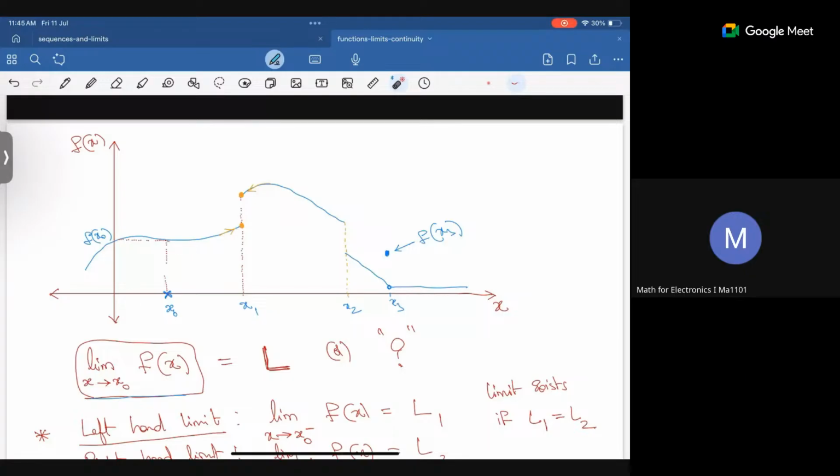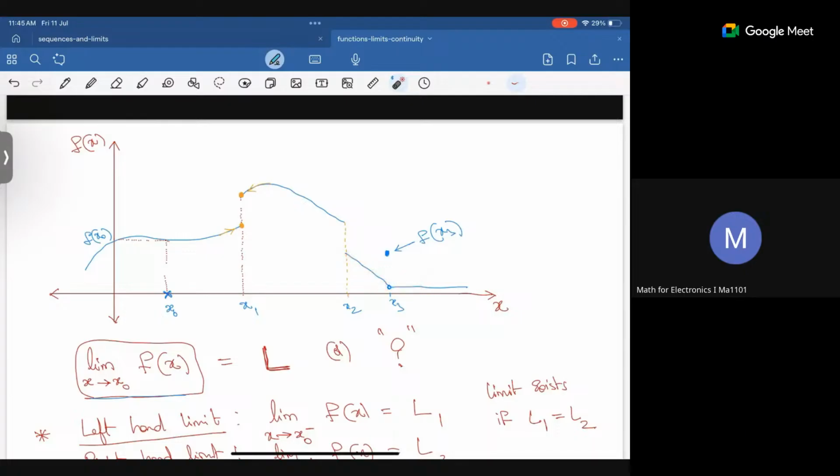Any doubt? At the point x3, actually the limit exists, but it is not continuous. Correct. It's not continuous. Why? Because the left hand limit and the right hand limit are equal.